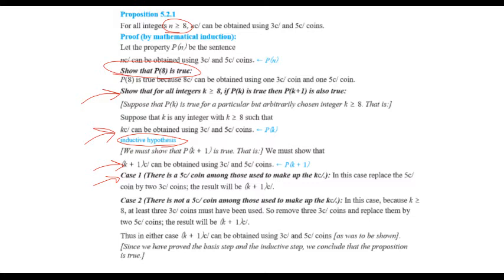So we have a total of k plus 1 cents. The proof of the first case is done, and we can go to the second case.